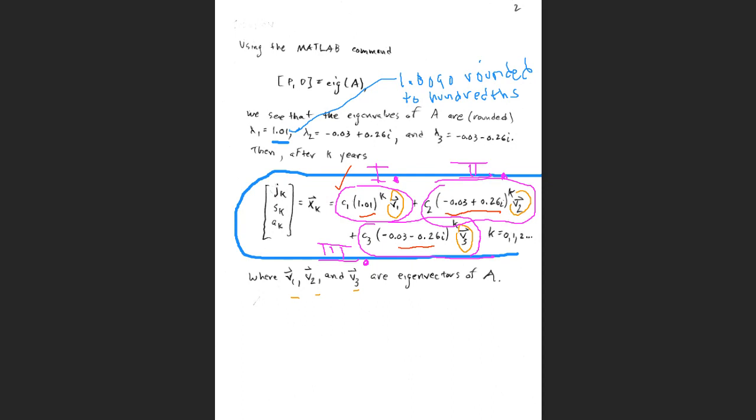Hold on. Let me show this again. Let me make this a little bigger. So your number of juvenile, subadult, and adult owls after k years, this is in years, is given by this expression.